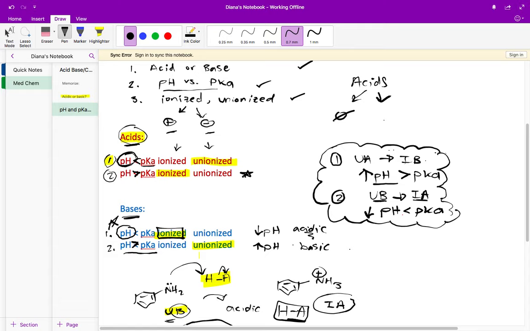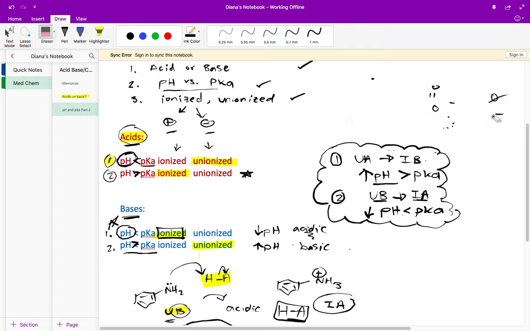Or an acid can have a negative charge if you remove its proton. So I can have this form of my acid, or I can have this form of my acid. So it's either neutral or it's negative. So make sure you pause the video here and make sure you understand that with these weak acids, they're either going to be neutral or negatively charged.